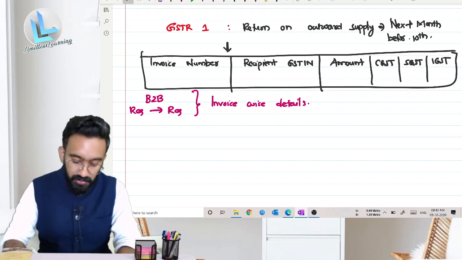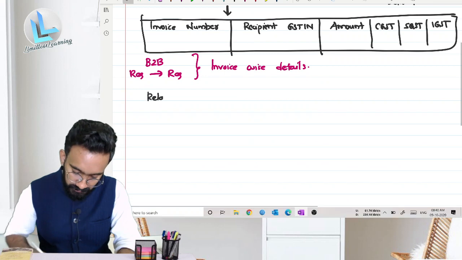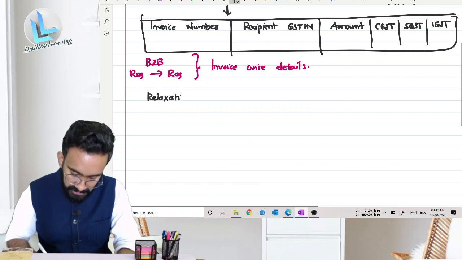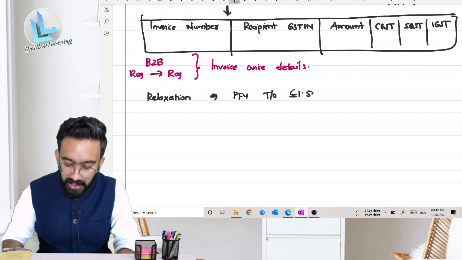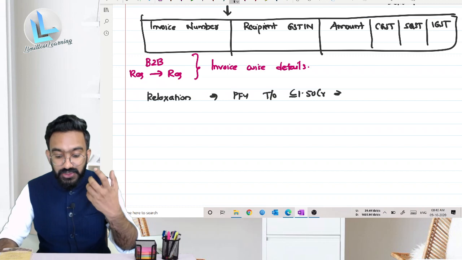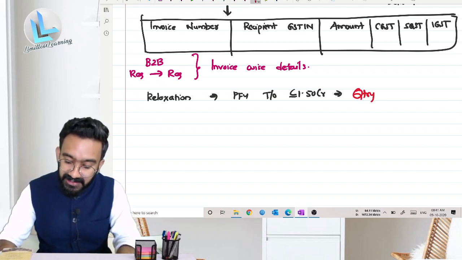But then there is one additional relaxation that is coming, which says if your previous financial year turnover happened to be less than or equal to 1.5 crores, what's the relaxation that is available to you? You need not file it on a monthly basis, you can go for quarterly filing.